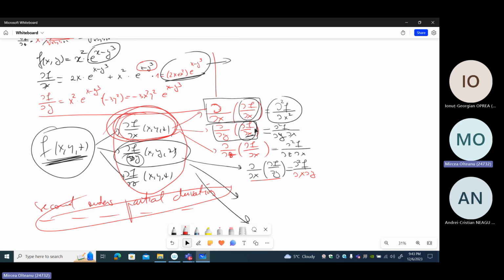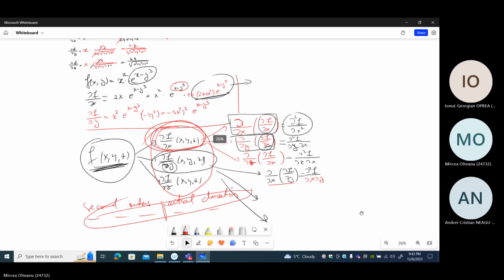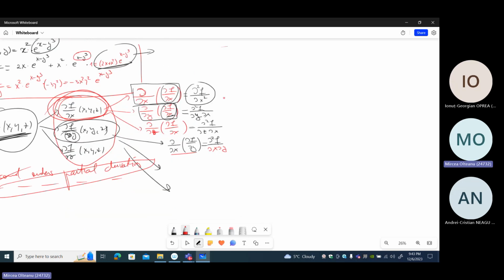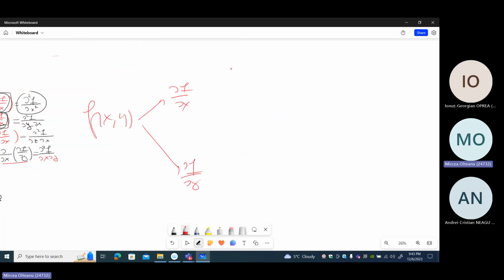So these are second order partial derivatives. For example, a function of 2 variables has how many second order partial derivatives? We have 2 partial derivatives of the first order, and now each of them has 2 partial derivatives, which will be denoted like this.